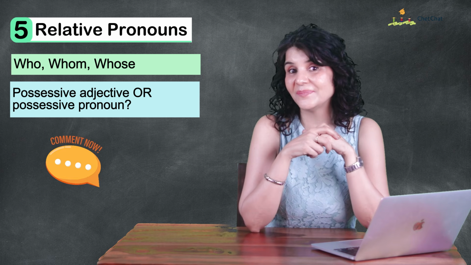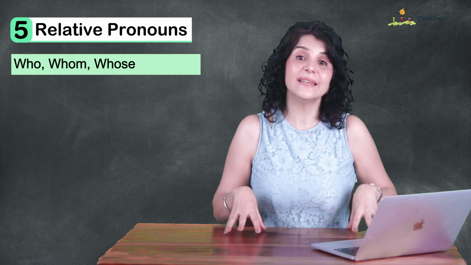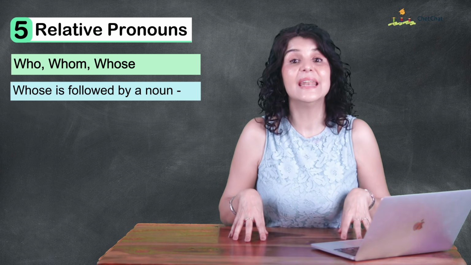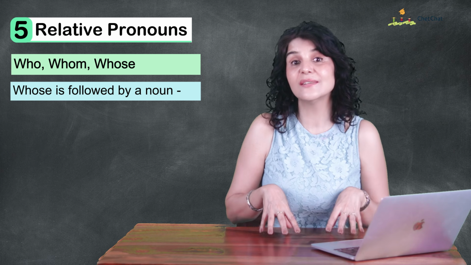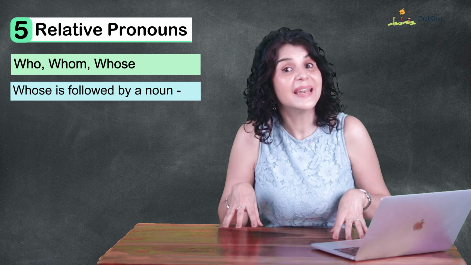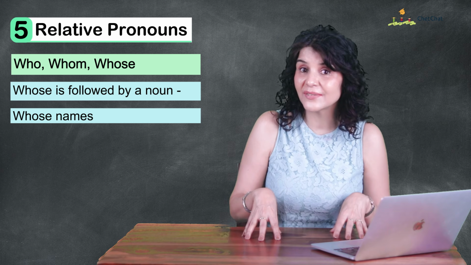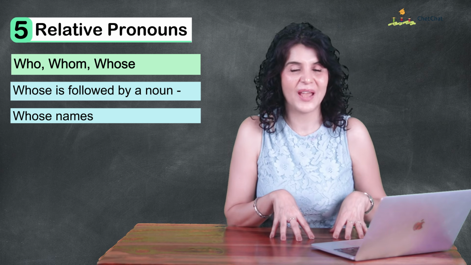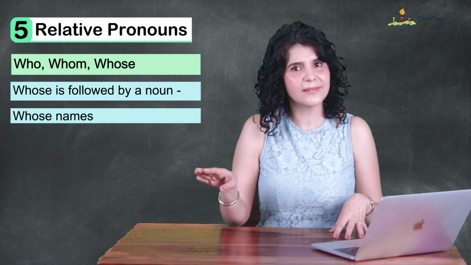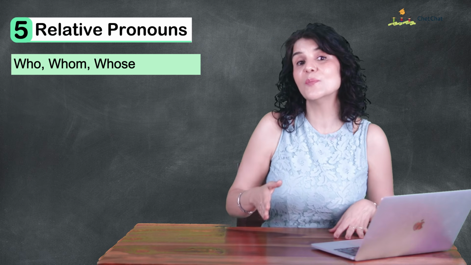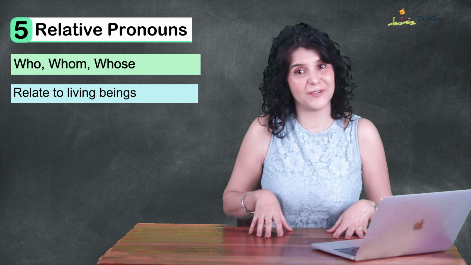Tell me quickly. Because in these are students whose names, whose is followed by a noun, names, whose names. And we know that adjectives are followed by a noun, whereas a pronoun replaces the noun. So who, whom and whose all relate to living beings.